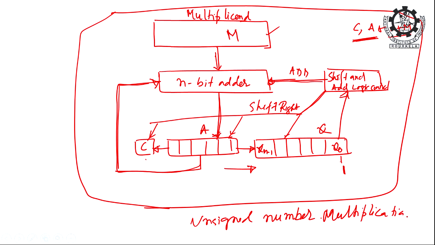Okay. But problem with this method is that you cannot multiply the positive with the negative number, that means it will work only for unsigned numbers, positive numbers, but if the number is positive negative, it will not work.